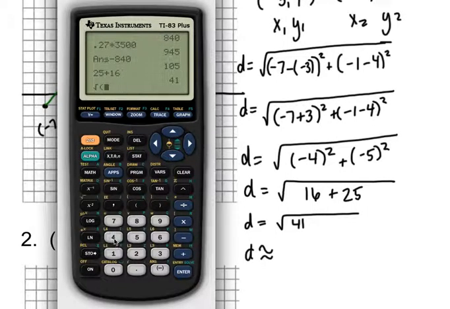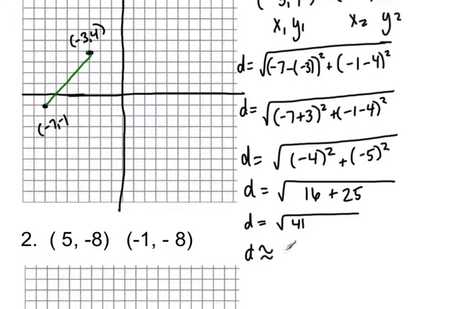You put the square root and then 41, you get 6.4 roughly. So it's roughly 6.4 units. So what that means is this right here is about 6.4 units.